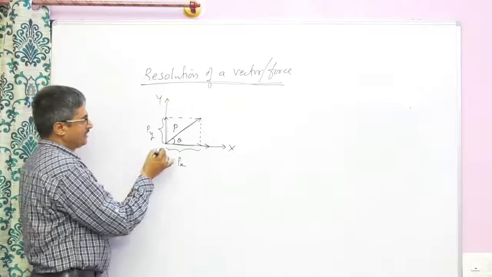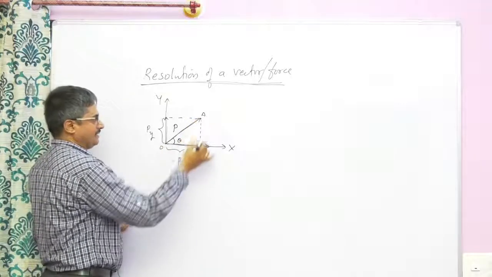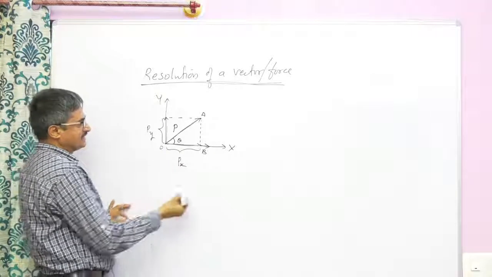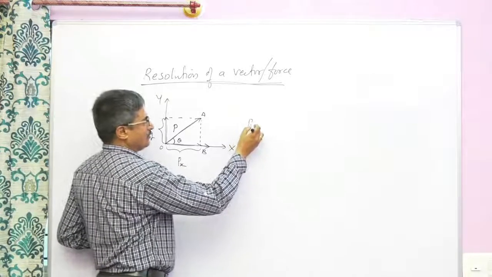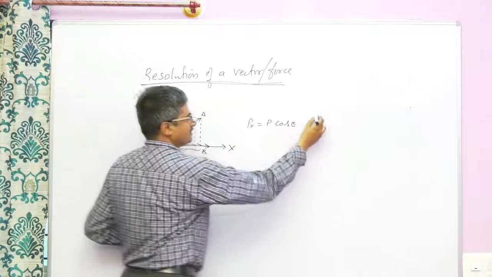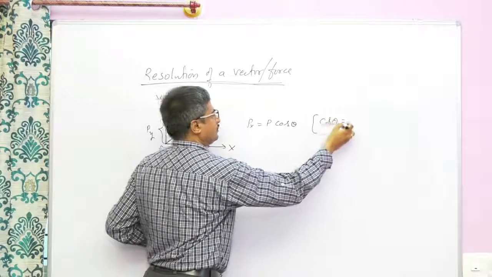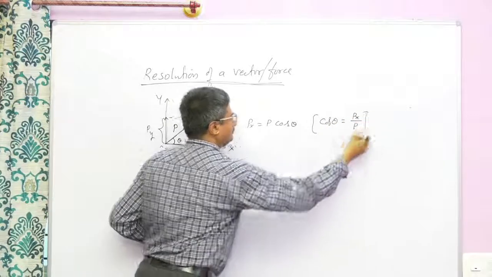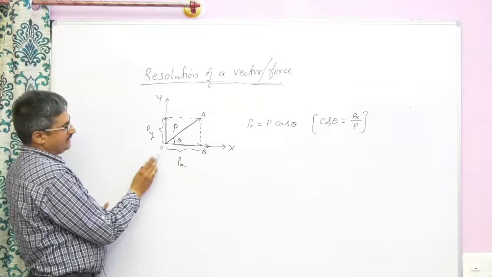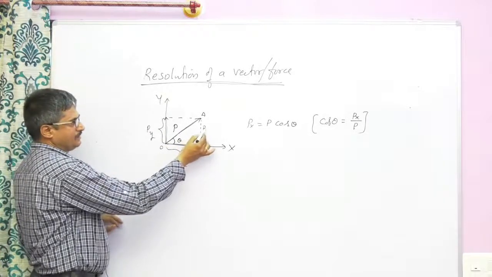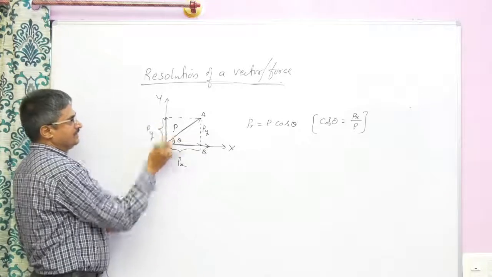So in triangle OAB, what is Px? Px is the adjacent side. Therefore, Px equals P cos theta, because cos theta is equal to Px by P from the diagram. What about sin theta? If this is Py, AB is also Py.